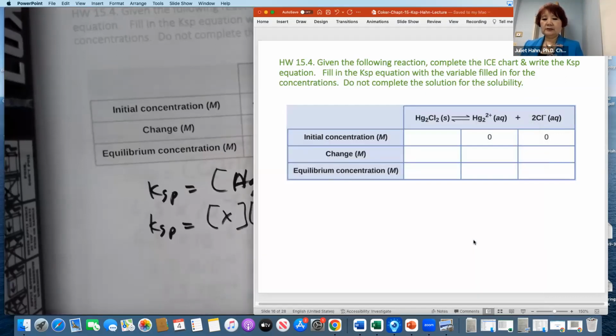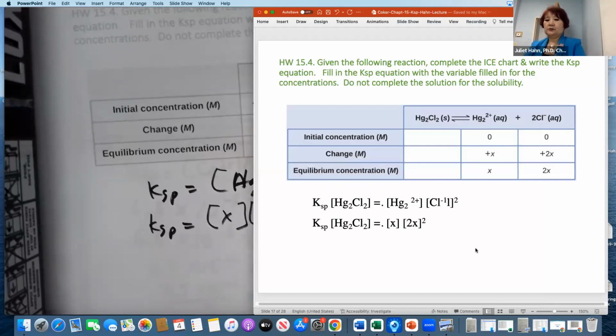Next slide, I just have what I asked you to do, which is plug in the ICE table and plug the X values into the KSP equation. So that's what we have there.